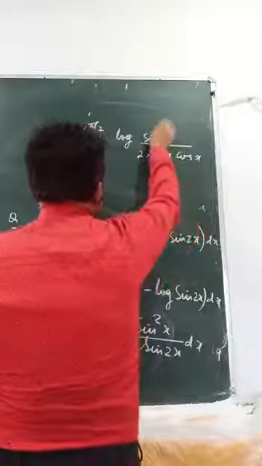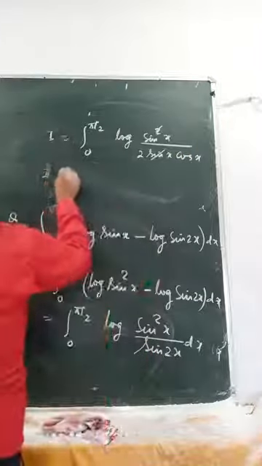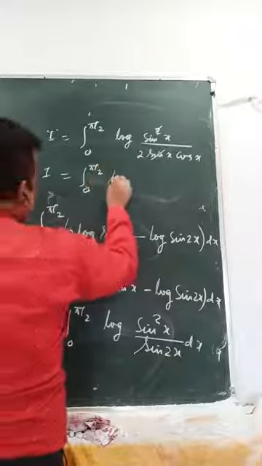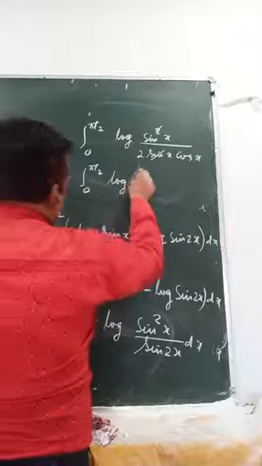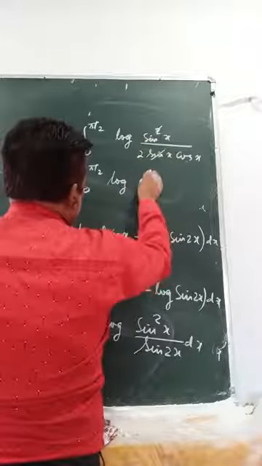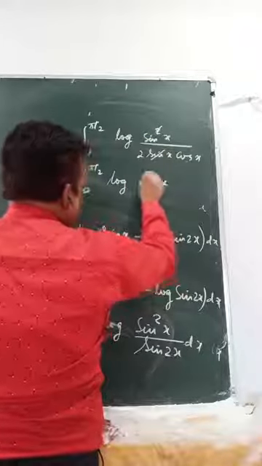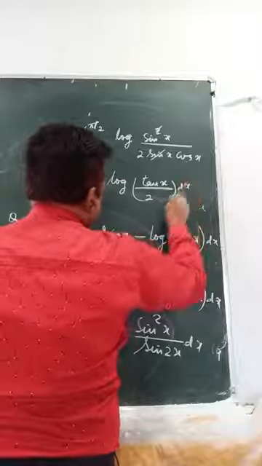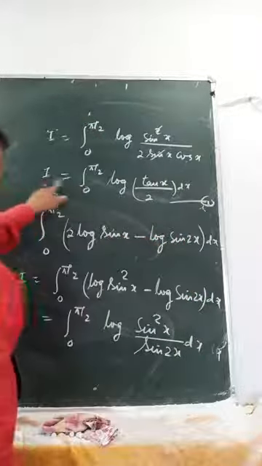Okay, one sin is cancelled. So I equals integral 0 to pi by 2 of log of sin by cos, which is tan x, by 2. Simplified now.